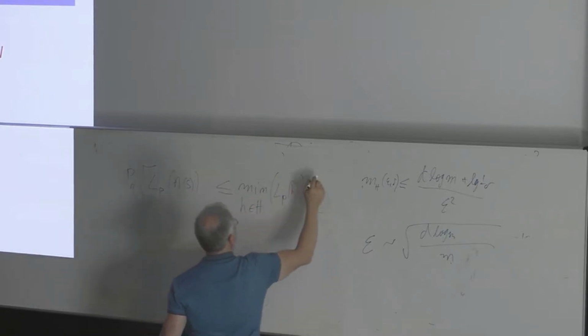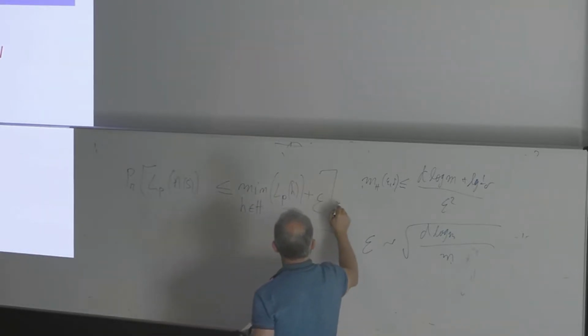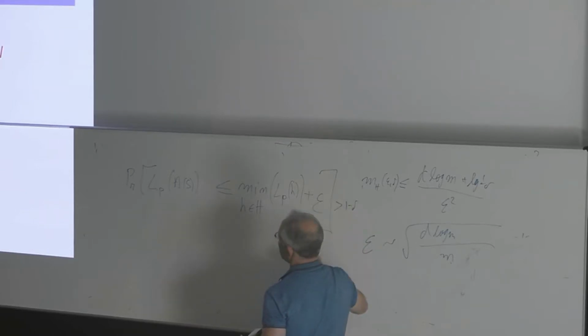We said that the probability of this event should be greater than 1 minus delta, or failure of this event. So this was our agnostic learning.